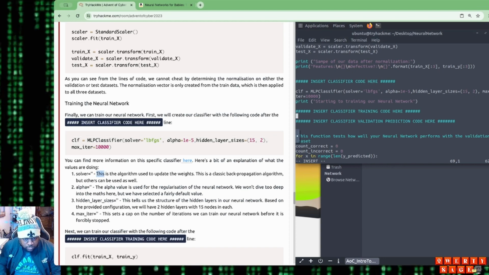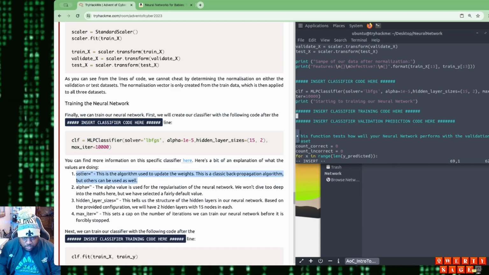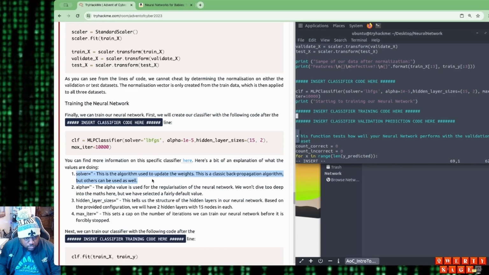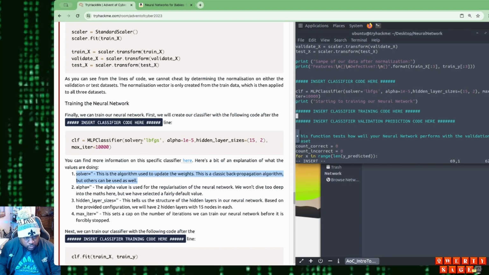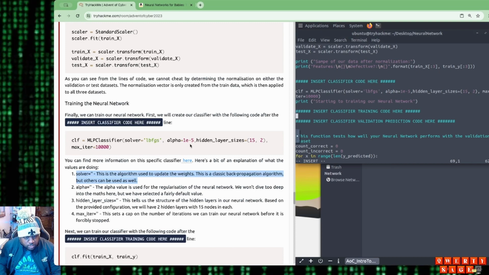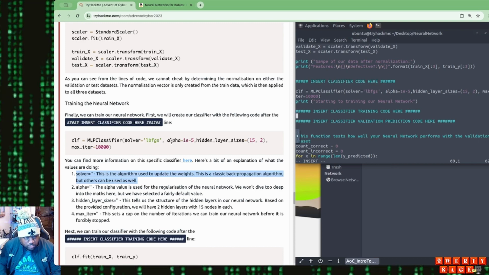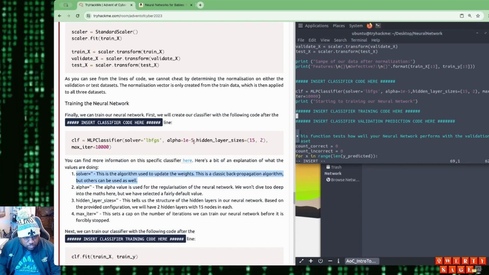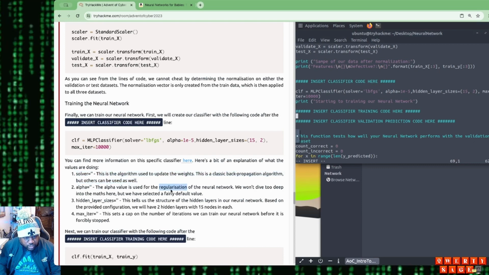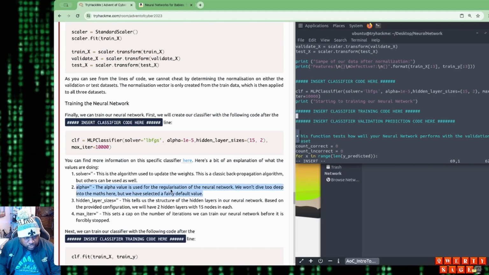So let's see, solver. This is the algorithm to update the weights. This is the value used for the regularization.